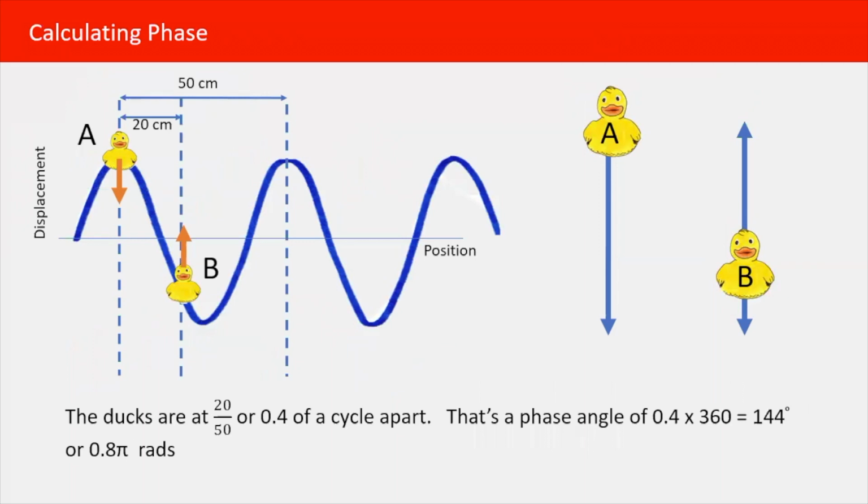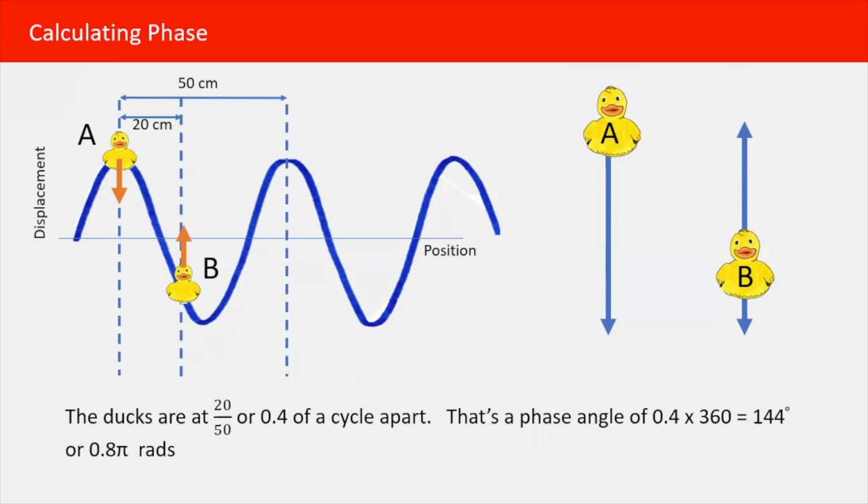Away from these two special cases, we would need to calculate the phase by first working out what fraction of a cycle the two waves, or 2 points on the same wave, are apart. In this diagram, duck A peaks first, then duck B shortly after. The wavelength is 50 centimetres, so to calculate the phase angle, we do 20 divided by 50, which equals 0.4 of a cycle.